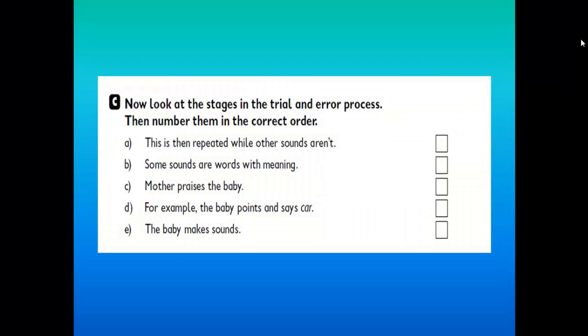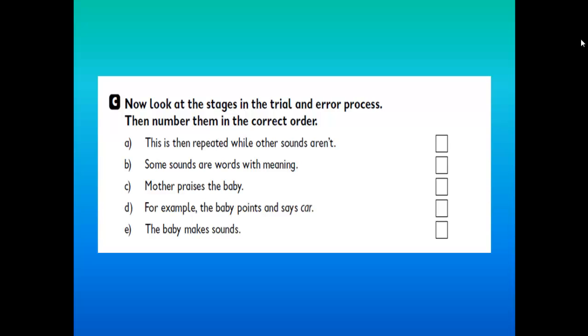What about the last one, practice number C? Now look at the stages in the trial and error process, then number them in the correct order. A, this is then repeated while other sounds are not. B, some sounds are words with meaning. C, mother praises the baby. D, for example, the baby points and says car.